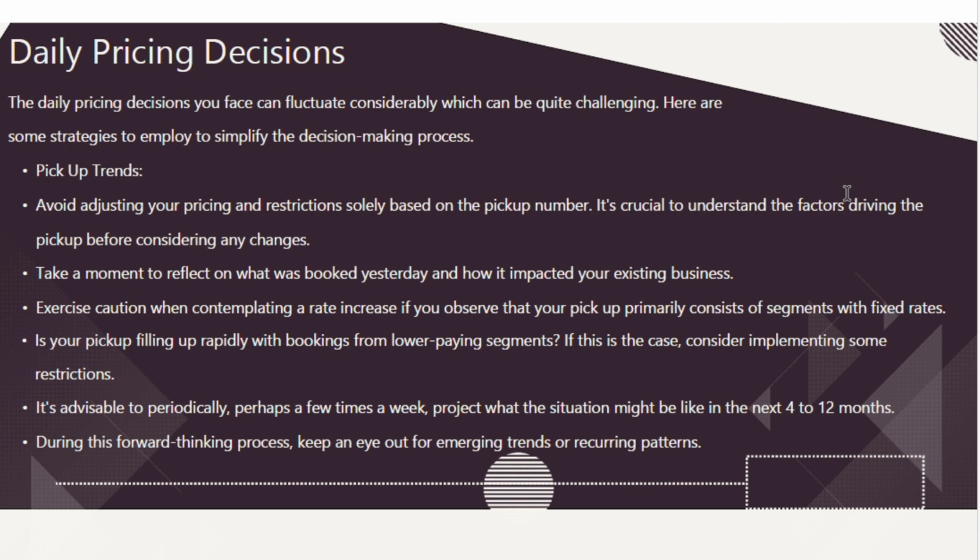This way you can stop receiving the bookings with the low rates, because at the end it'll have a negative impact on your overall ADR, as well as the revenue per available room.